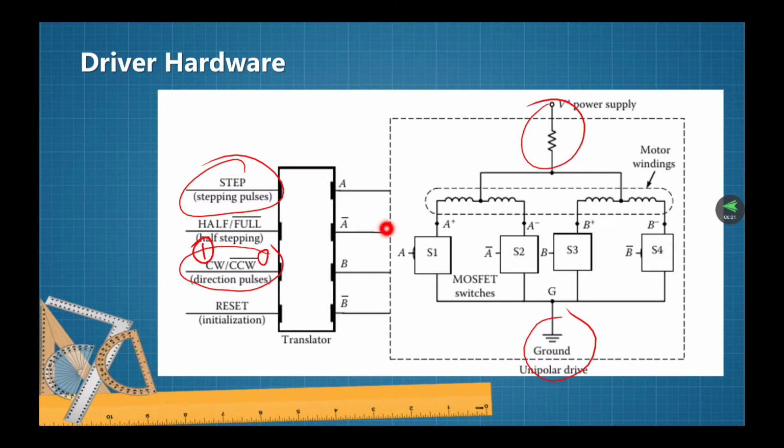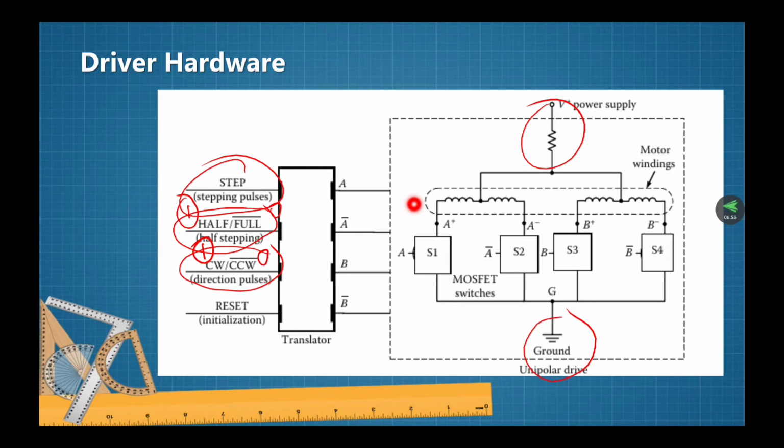The pin denoted as half or full determines whether the half stepping or full stepping period. Specifically, a logical low at this pin will generate the switching logic for full stepping, and a logical high in here will generate switching logic for half stepping.